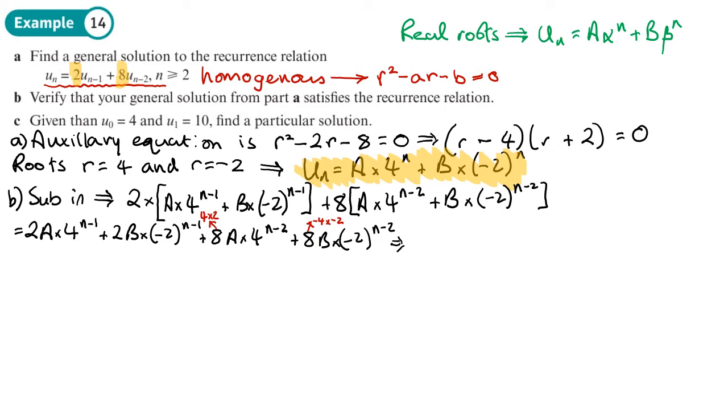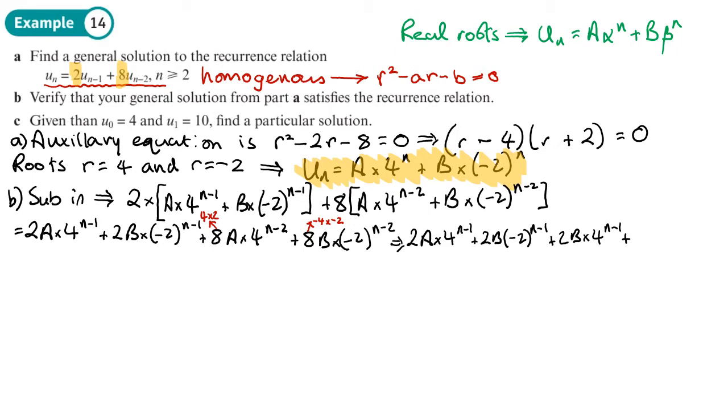So let's write down what that will now become. The first 2 terms stay the same. So 2a times 4 to the power n minus 1 plus 2b times negative 2 to the power n minus 1. Then the third term is going to be 2a, because we've taken the 4 out as a factor, times 4 now to the power n minus 1, because we've just multiplied it by 4.